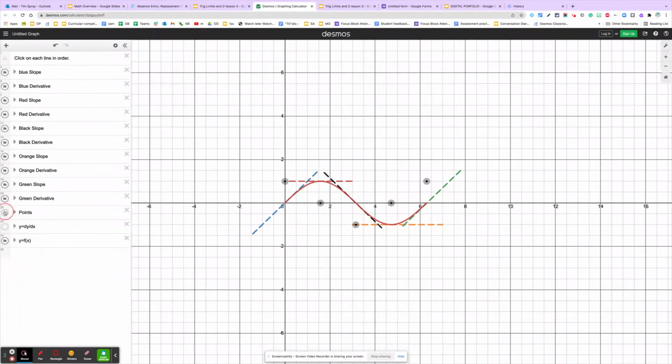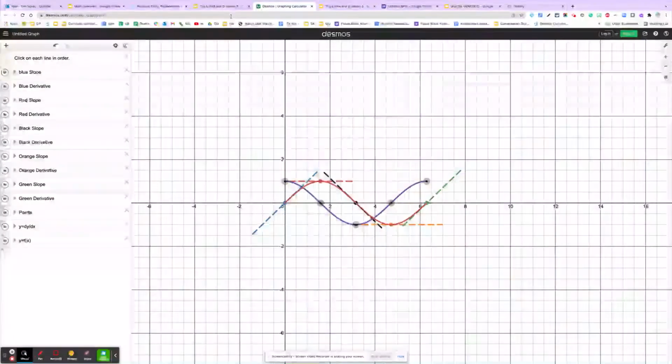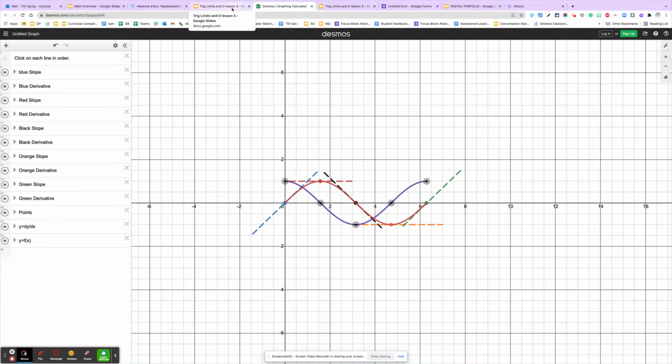And if I drew a quick little curve in between there and then graphed it, do you notice anything? This purple line represents the derivative of the red guy. And if you look carefully, we'll see that that's actually the cosine wave. So we're suggesting that the derivative of sine x is cos x.